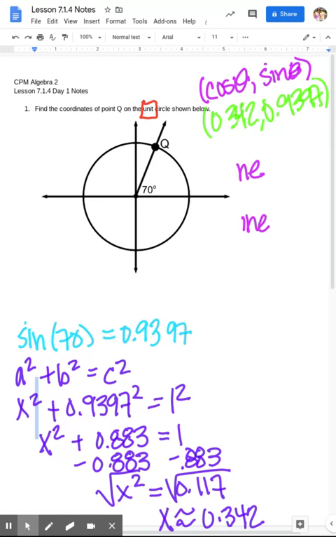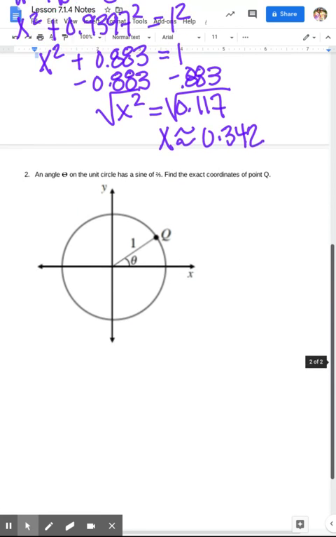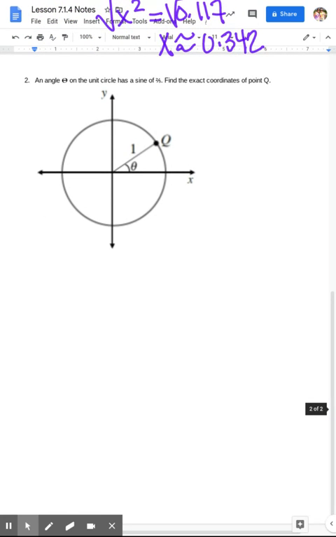So in our next example, we are going to be given the sine, and we need to find the coordinates of Q. So if we go ahead again and draw in our triangle, if we know the sine is 2/5, that's another way of telling us the height is 2/5.